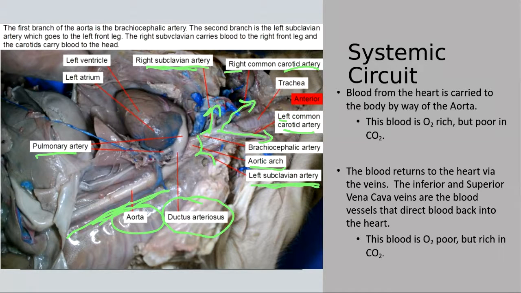So there's a bypass because we don't need to take blood to the lungs there, other than to feed the tissue of the lungs to keep the cells alive. But they're not going there to collect oxygen. So instead, the fetal pig will be receiving oxygen from the blood that it receives from the mom through the placenta and then the umbilical cord. But don't worry about that. I just wanted to, in case you have questions about the ductus arteriosus.